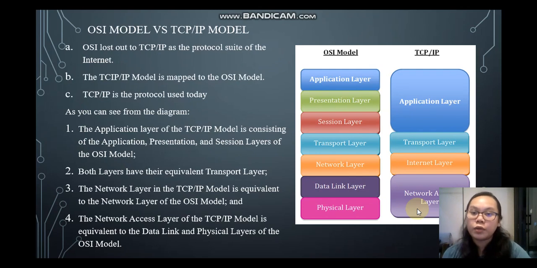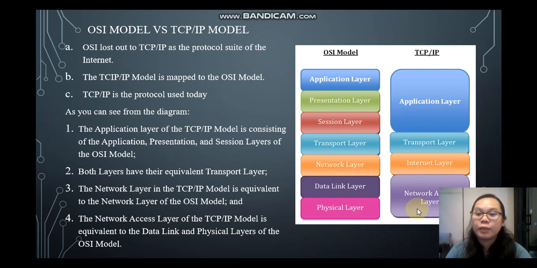OSI model versus TCP/IP model. OSI lost out to TCP/IP as the protocol suite of the Internet. The TCP/IP model is mapped to the OSI model. TCP/IP is the protocol used today.